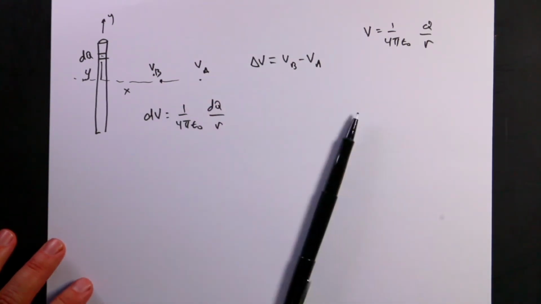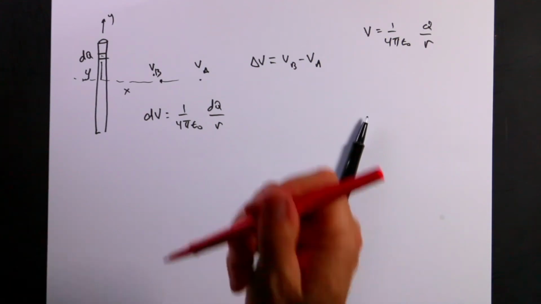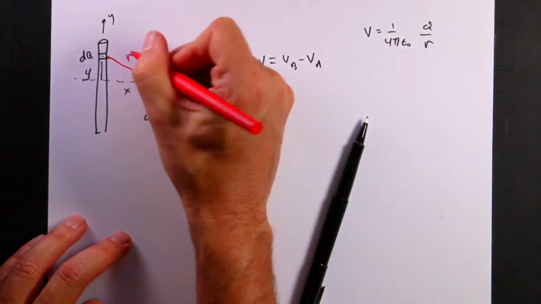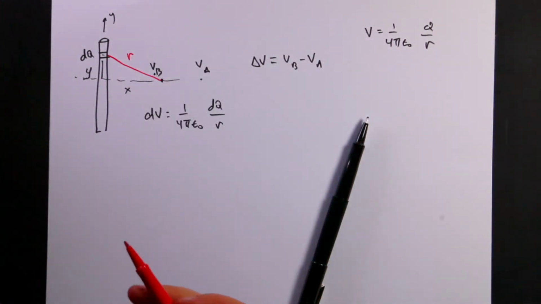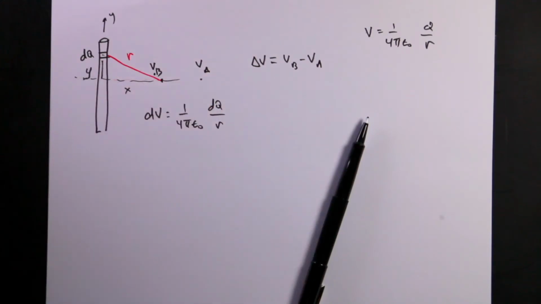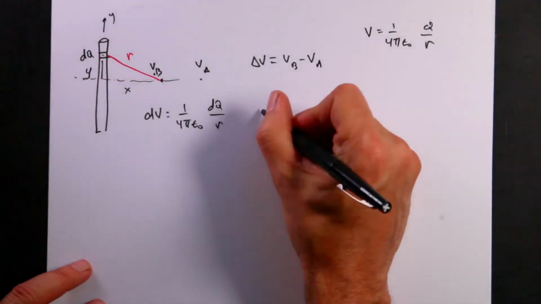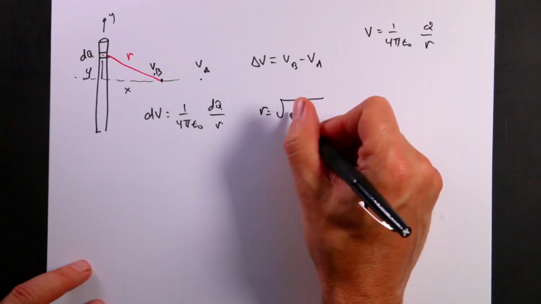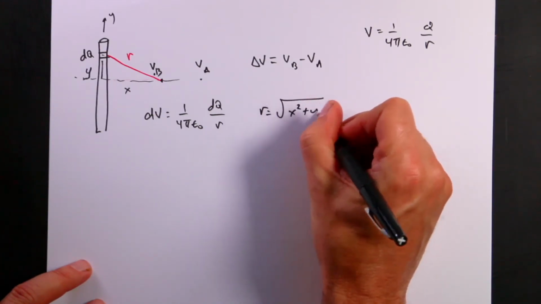But what's r? Let me change to a different color so we don't make a mistake. This is r. So how do I find that distance? Well, if I know this is some distance x and that's some distance y, then r would be equal to the square root of x squared plus y squared.